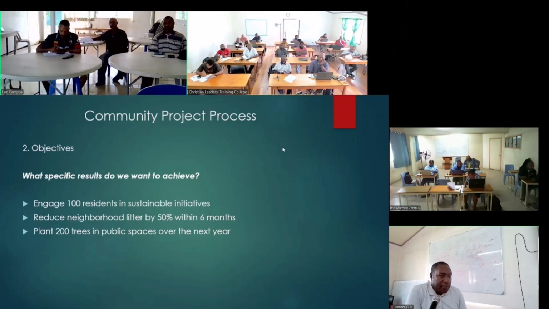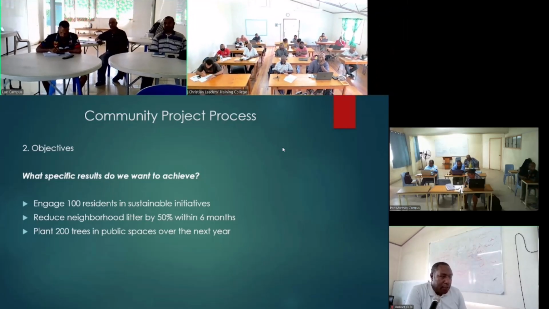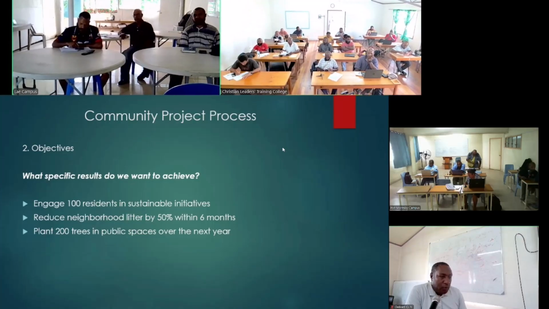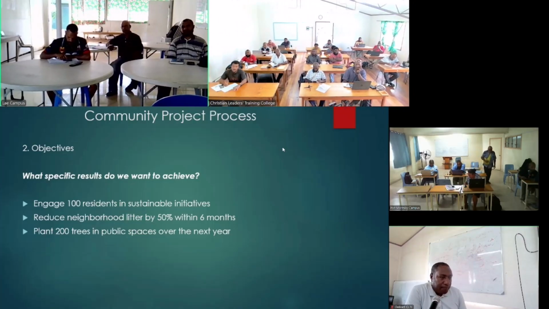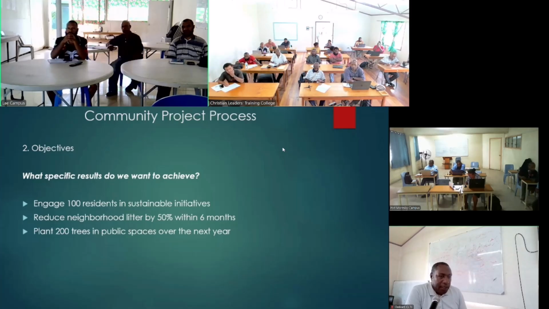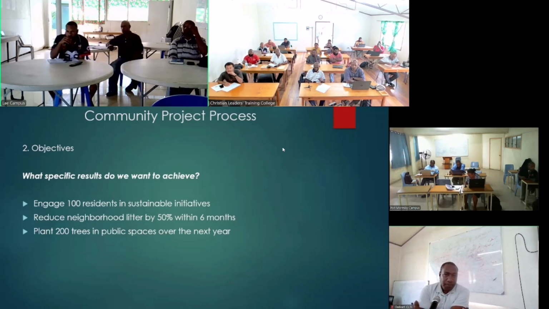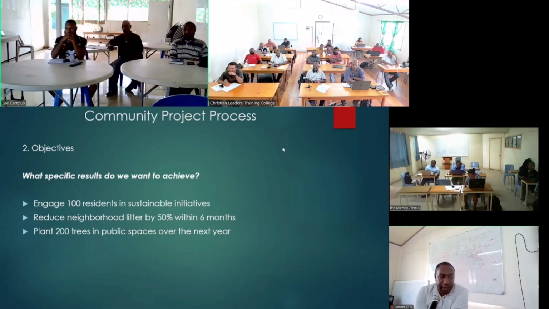The second result is to reduce neighborhood litter by 50% within 6 months. And the third result based on our beautification and tree planting program is to plant 200 trees in public spaces over the next 6 months or year.